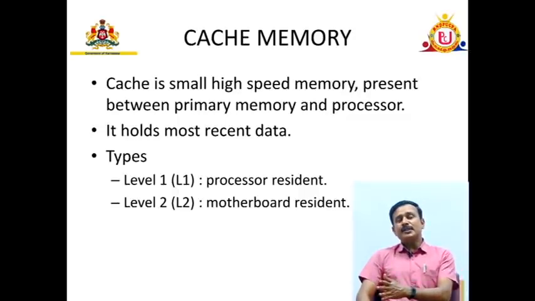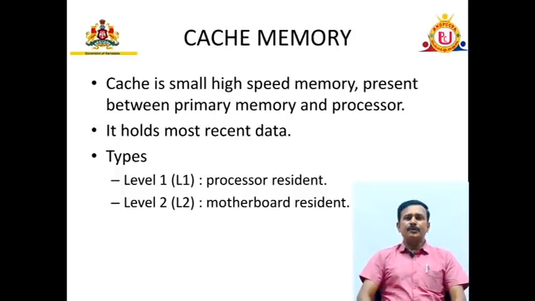And L2 cache is memory resident, that is placed in the RAM. Its speed is also fast, but compared to L1 cache, a bit slower because it can store up to 6 MB of information. This is also a very high speed memory placed at RAM, that is memory resident. We call it L2 cache, level 2 cache.